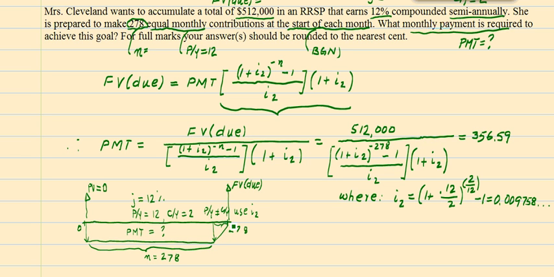And at the end of the 278th payment interval, we have a future value due, which is going to be equal to $512,000. And then we show that nominal rate is 12%, P over Y is 12, C over Y is 2, P over Y not equal C over Y. Use I sub 2 in our formula, and we calculate I sub 2. And that's all what we have for lab 12.